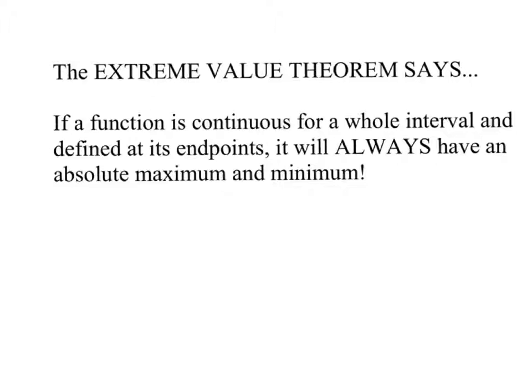Now I just want to draw a couple quick sketches. First, I want to draw a parabola. And I'm going to do this. So it's not defined at its endpoints. I do this because I want you to see that this thing still has an absolute maximum. It just doesn't have a minimum because the endpoints are not defined. But just because the endpoints aren't defined doesn't mean it won't have a maximum or a minimum.